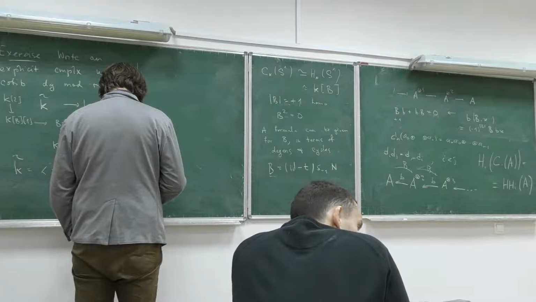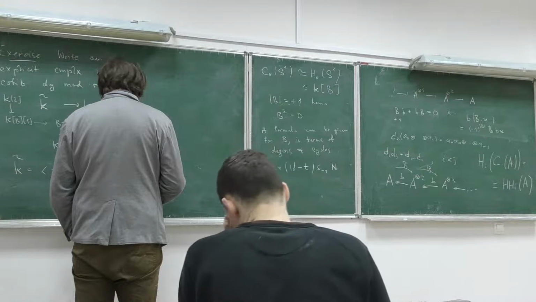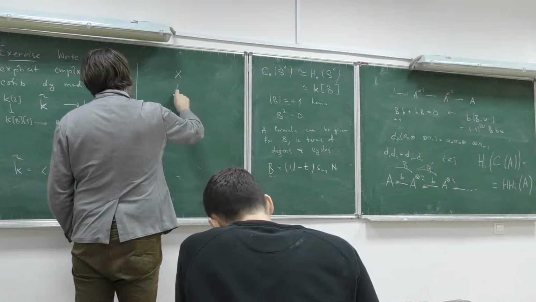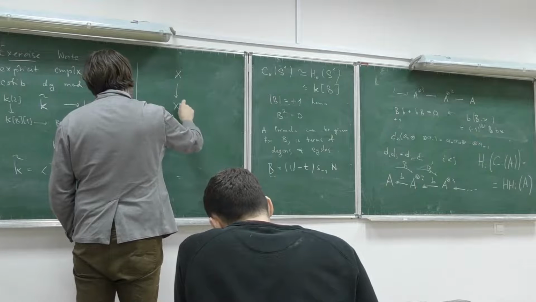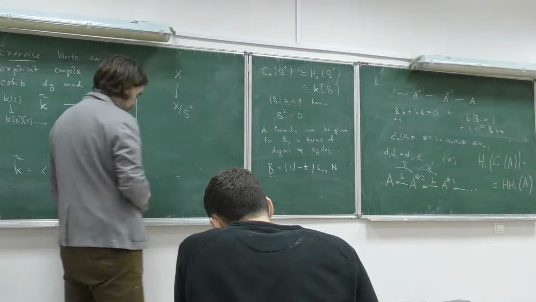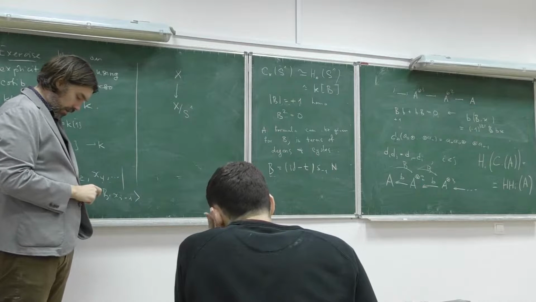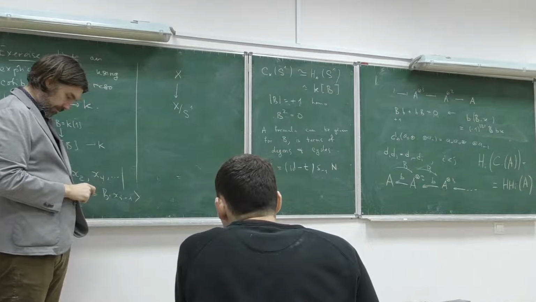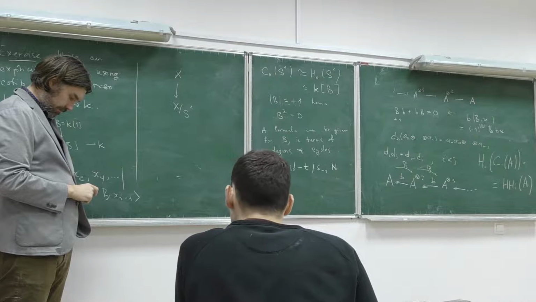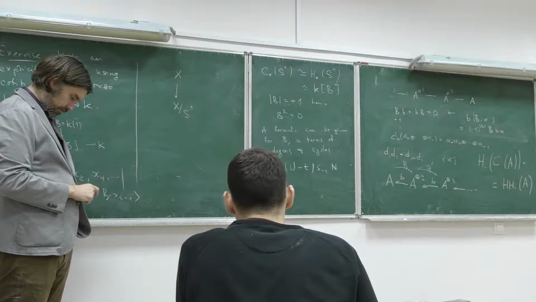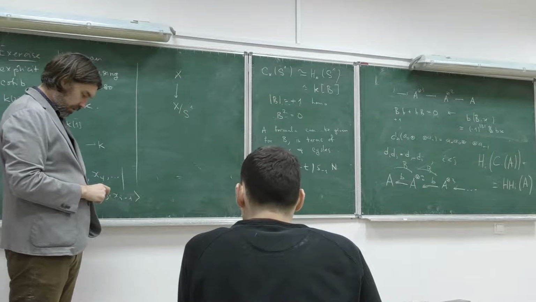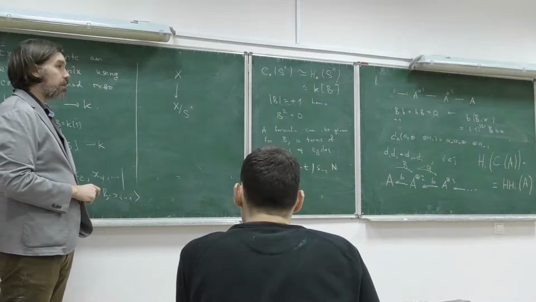Right. So I guess there's one more thing, which is the so-called Gysin sequence. What is this? I'll say this in two ways. There's a topological meaning and then a purely algebraic construction.